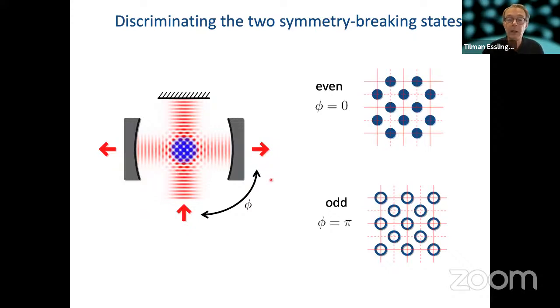So we did an experiment where we measured the relative phase of the scattered field coming out of the cavity to the pump field. For even, you have zero phase, and for odd, you have a pi phase difference. Of course, there is one phase free, so the difference of the phase between even and odd is pi.